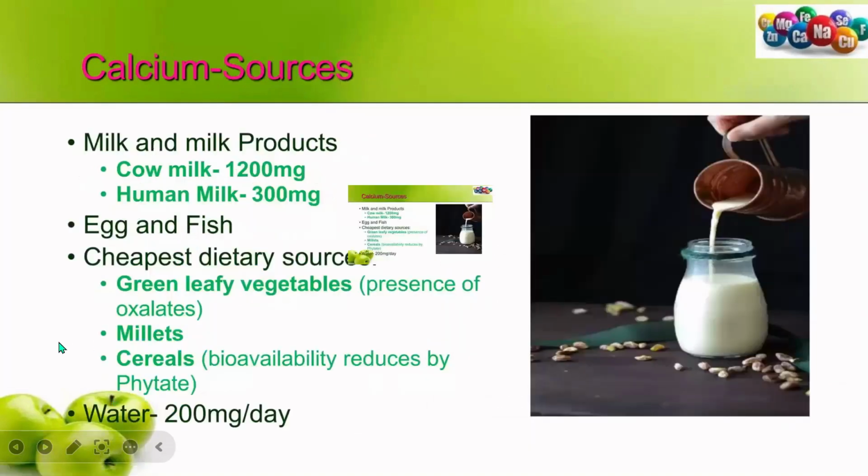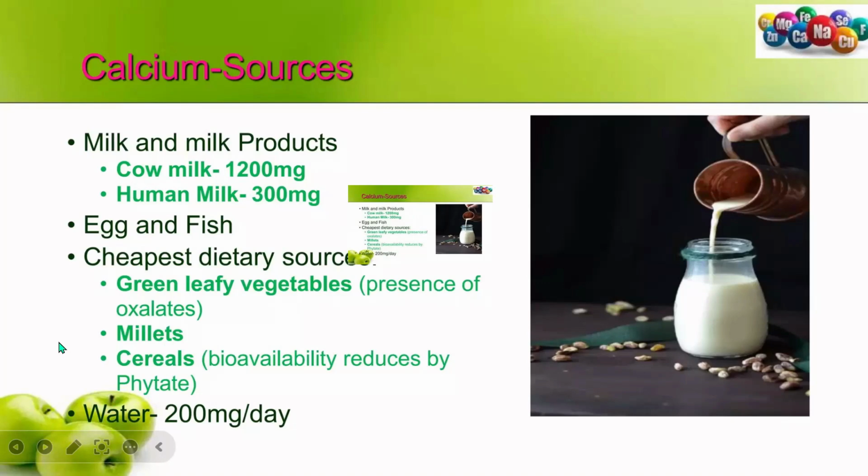So what are the sources of calcium? We have milk and milk products. In cow milk, you can get about 1,200 milligram, and in human milk, you can get 30 milligram. Egg and fish are also very rich, but the cheapest dietary source is green leafy vegetables, although there is a presence of oxalates, which can reduce its bioavailability.